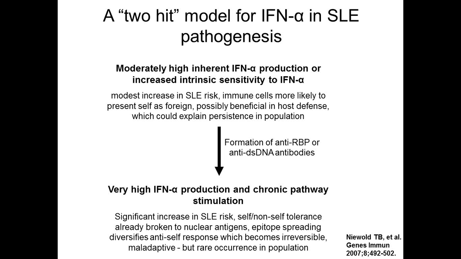And that's probably why they still persist in our population. Maybe the formation of lupus autoantibodies is one of the more dangerous things, where if you make these antibodies, then they chronically stimulate this interferon system, and maybe that's where you kind of break down all of the control mechanisms and start to get inappropriate immune system activation.